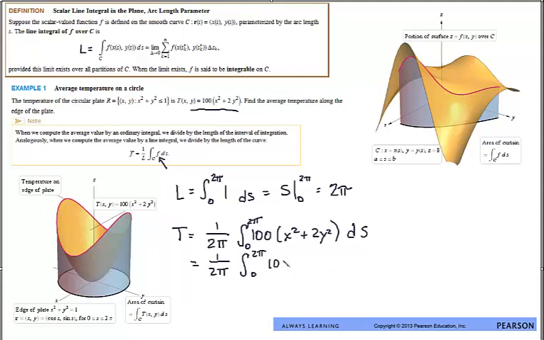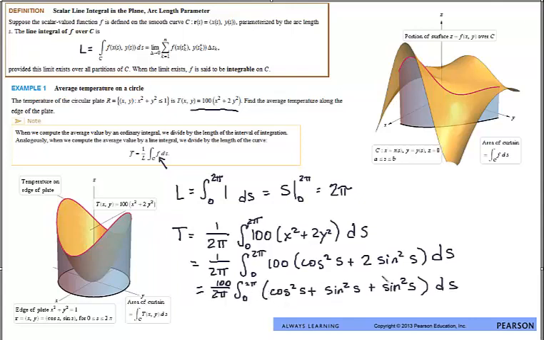And this would be 100, and then I've got cosine squared s plus 2 sine squared s ds. I'm going to then integrate this and see what we get. Here's a cool little trick here. I just busted apart this 2 sine squared s, and I note that this is a 1.